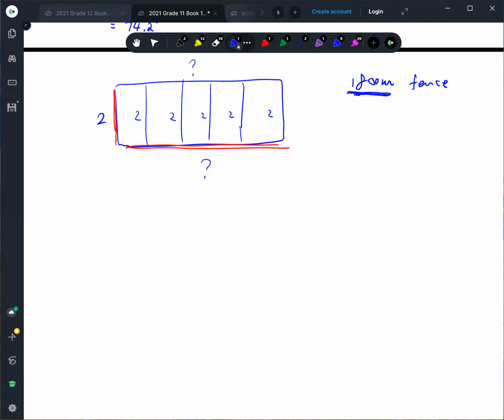Do I just do 1800 minus the total of all of them? You have a calculator, you can do it. 1788. Okay, and then what do you do with 1788?